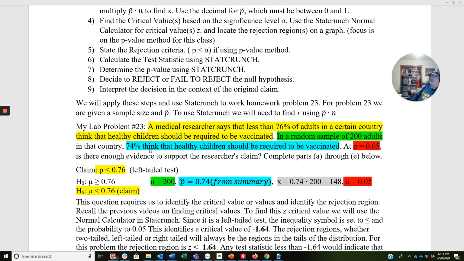In a random sample of 200 adults in the country, 74%, that's p hat, I'm sorry, this up here would be your population p for the claim. This is p hat, 74% right here, think that healthy children should be required to be vaccinated. At alpha equals 0.05, is there enough evidence to support the researcher's claim? Complete parts A through E below.